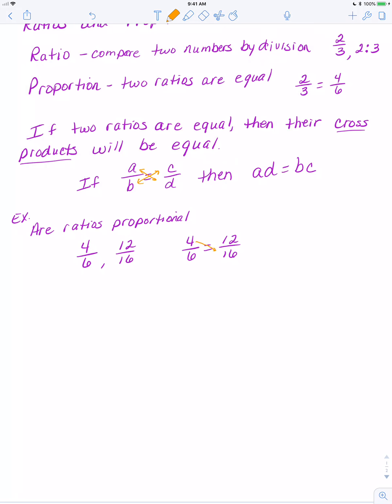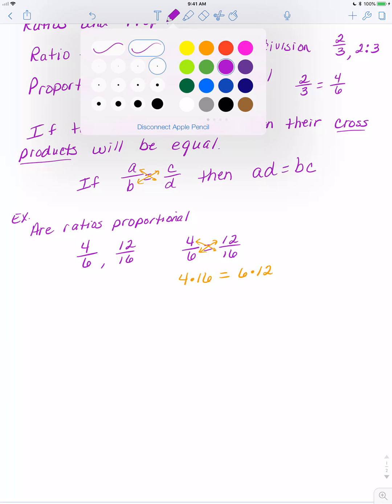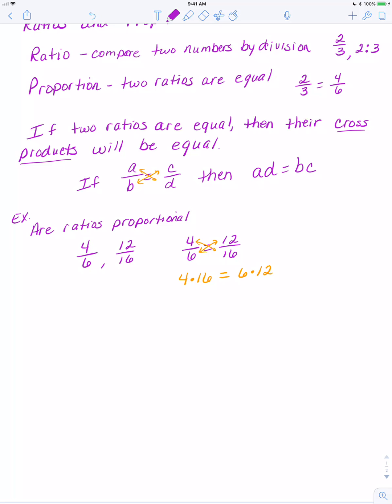So 4 times 16 is that equal to the other cross product, 6 times 12? Well, 4 times 16 is 64. Is that equal to 6 times 12? Well, 6 times 12 is 72. Well, that's not equal, so no, those two ratios are not proportional.